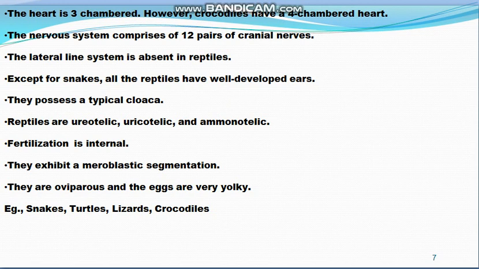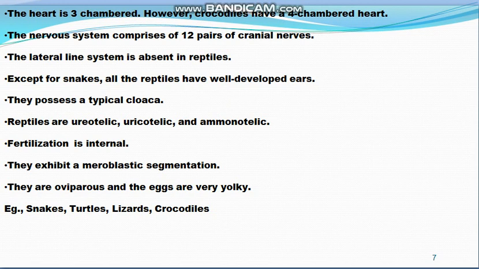It means the reptilian egg has a membrane known as amnion, which provides a watery environment and so eliminates the need for external water and gives protection to the developing embryo. So these are the characters of reptiles, and the examples are snakes, turtles and tortoises, lizards and crocodiles.